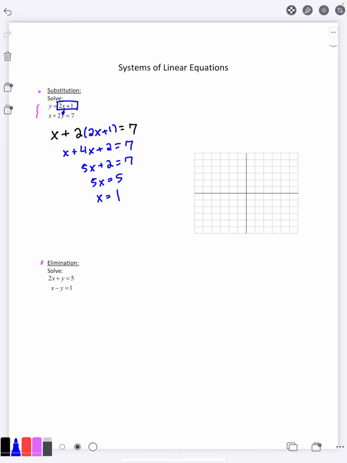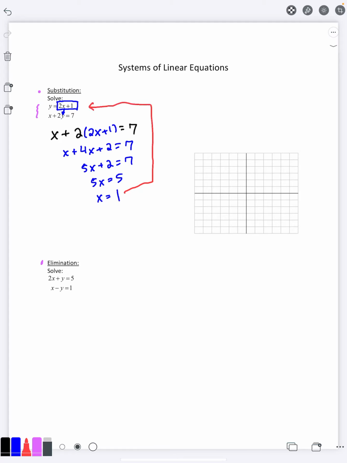But remember, we are looking for points that satisfy these equations, which means we don't want just an x value here. We want a y and an x value. And so we're going to go ahead and go back to figure out our y. We're just going to take this x value and plug it back in.